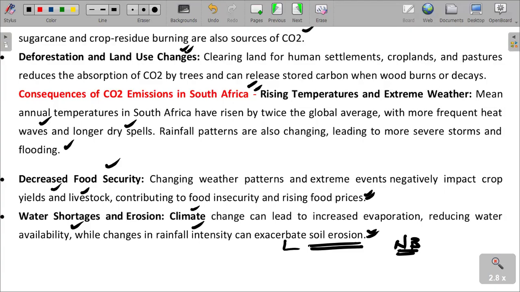I'm sure during our summer times we have heard of heat waves, which are extreme periods of high temperatures that would result in runaway fires, and then longer dry spells.